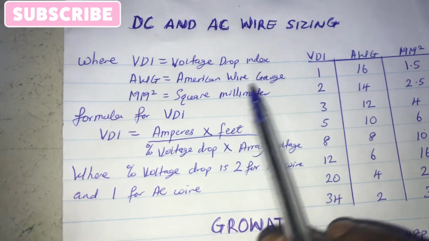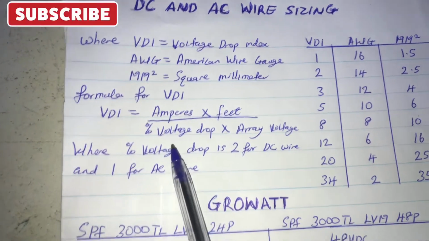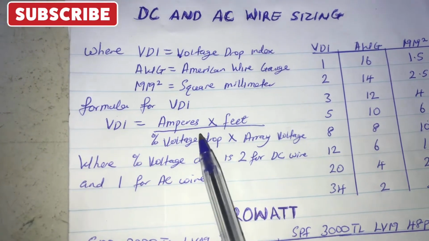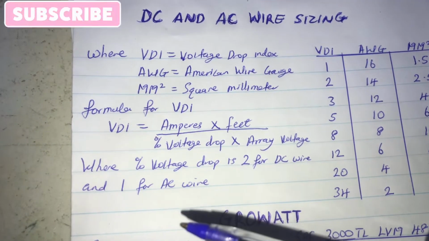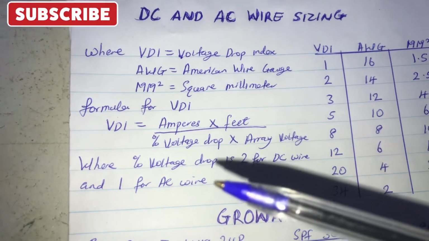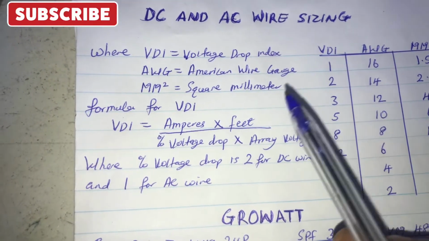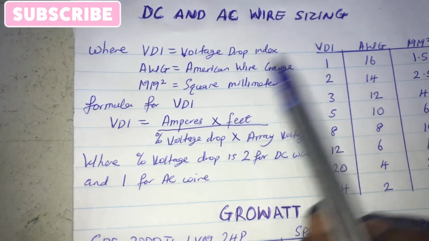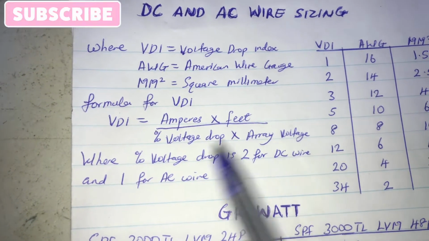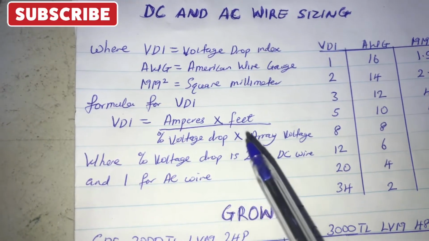So the voltage drop index is equal to amperage, that's how many amps you want the wire to carry, multiplied by the length of the wire, in feet, all over the percentage voltage drop times the voltage.